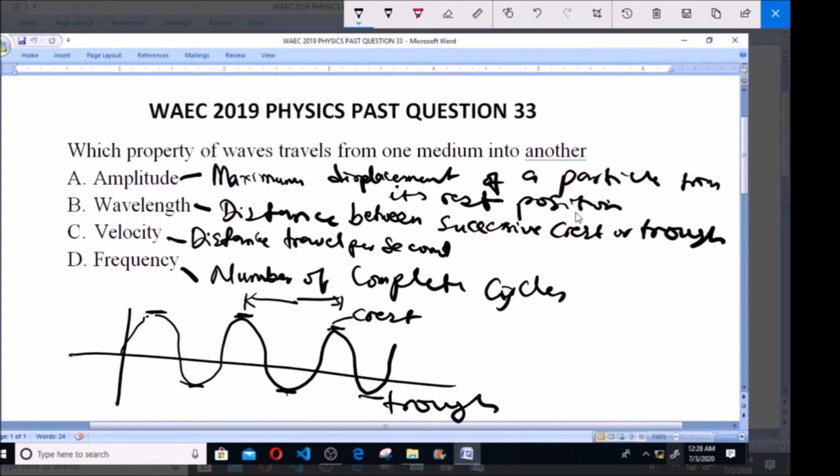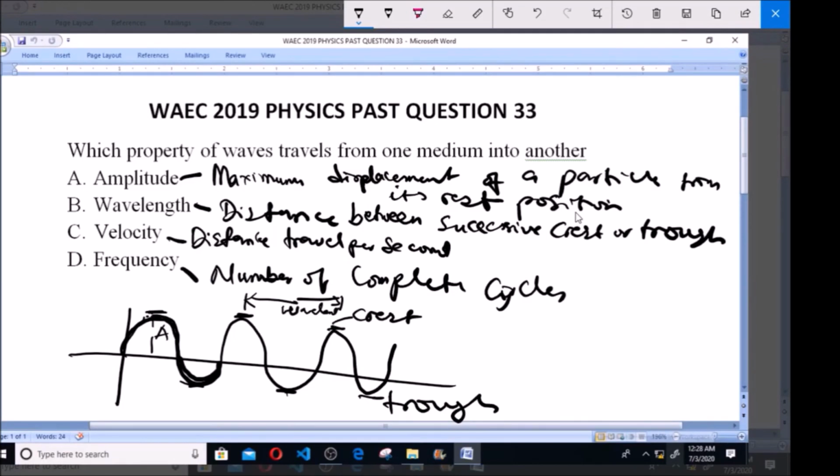So this is what we call wavelength. Now amplitude is the distance from here to here. Then what we call frequency is what is covered. A complete cycle is here. This is half a cycle and this is another cycle. So when you cover a full cycle like this, then you have the frequency.